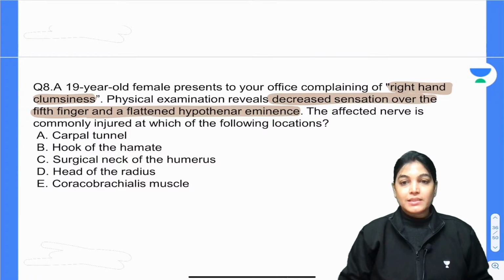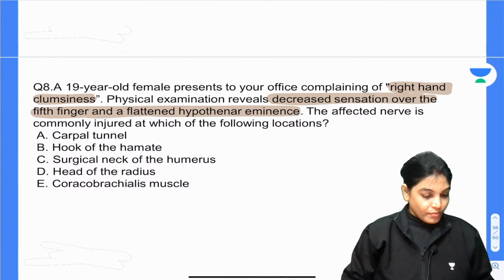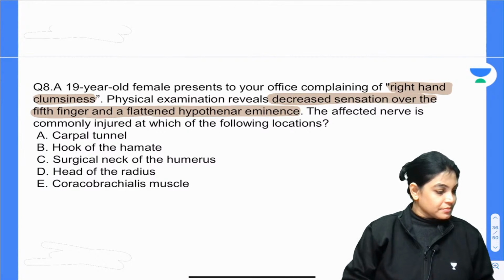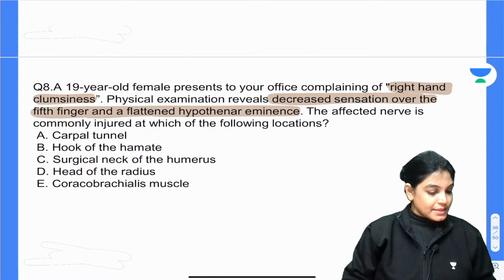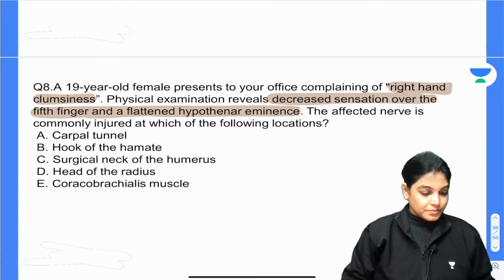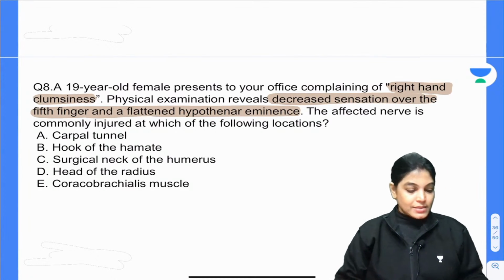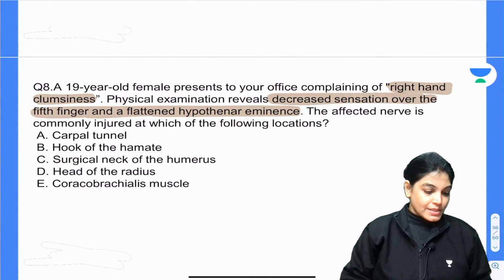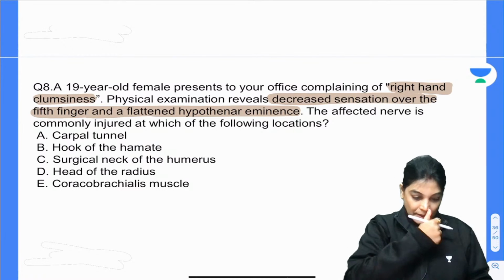Please mark the correct answer. Okay, waiting for your answer. Otherwise, I will come up with the explanation.